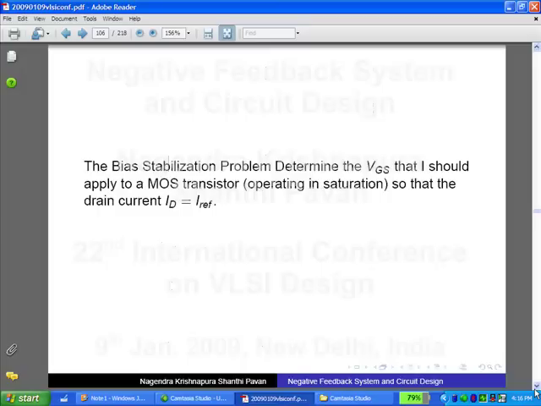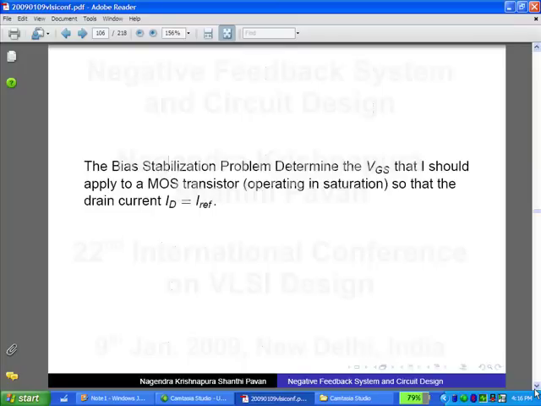Okay, so the basic problem that we all face at one stage or the other during design is to stabilize the bias current through a transistor. Why are we interested in that? You know that everything in the transistor depends on the bias current, correct? So gm is dependent on I, and the fT of the device depends on I, and all this stuff.